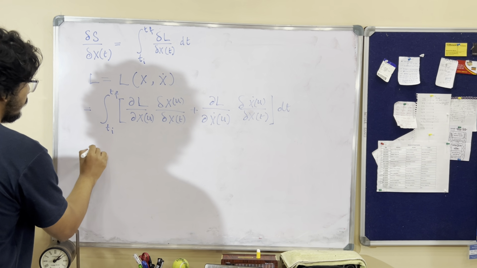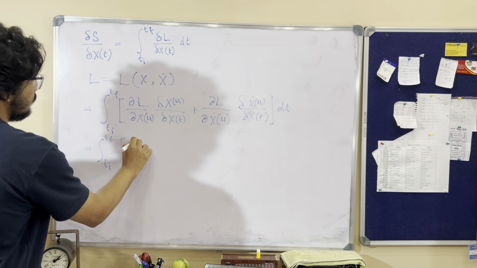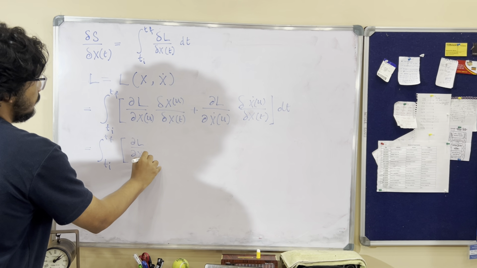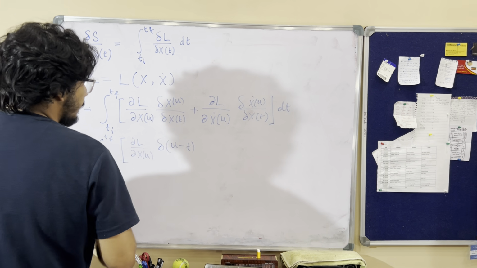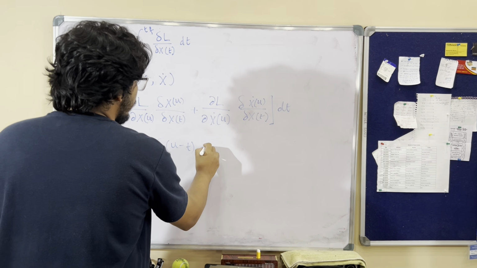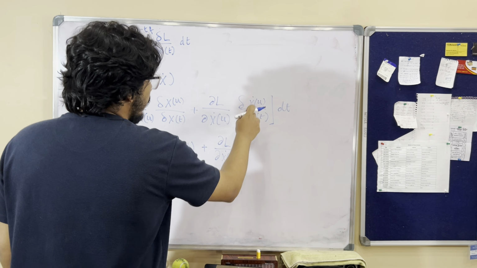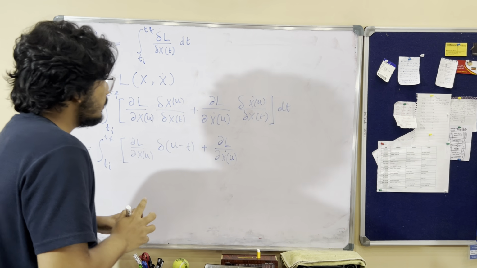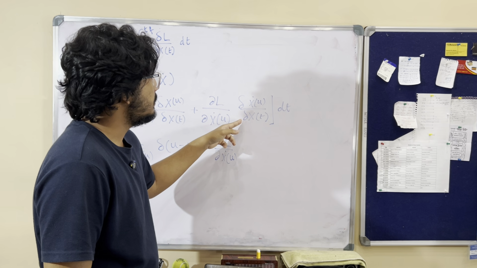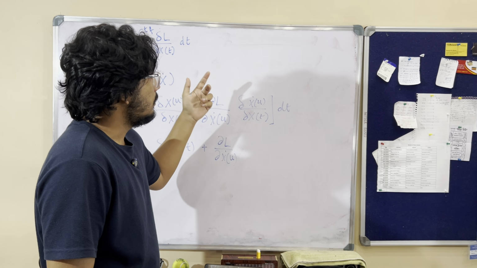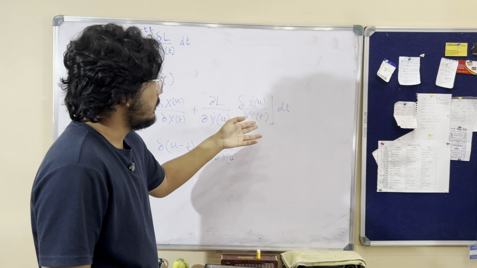So I am going to write again the first term is nothing but this, plus here x is differentiated by time in this term, and here it's functionally differentiated by x at time t.